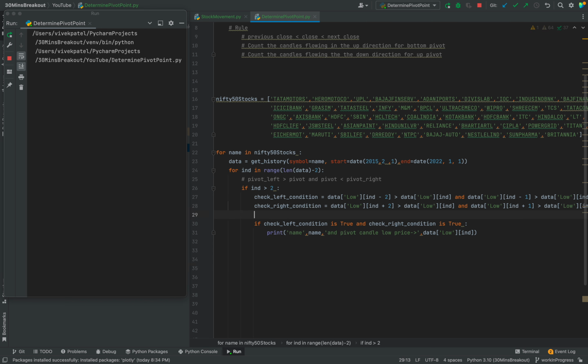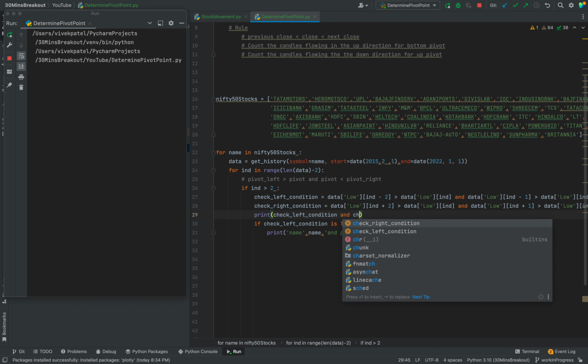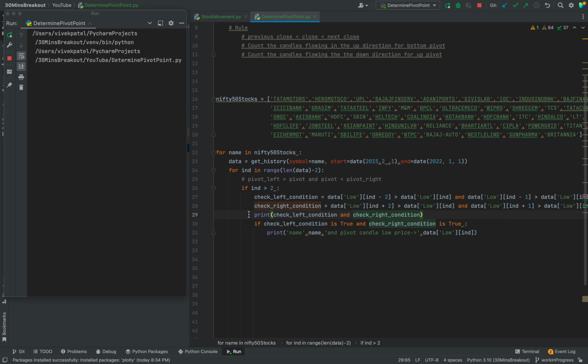You can also print here. Okay, we will run it again.